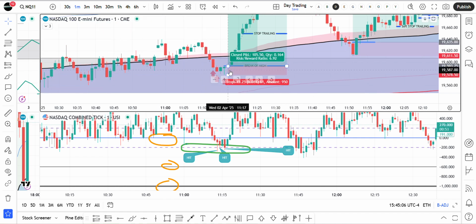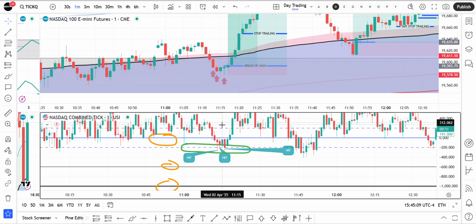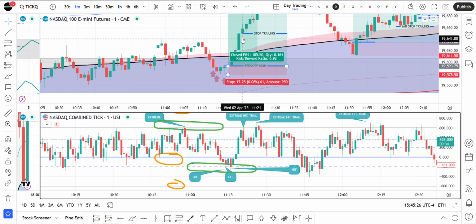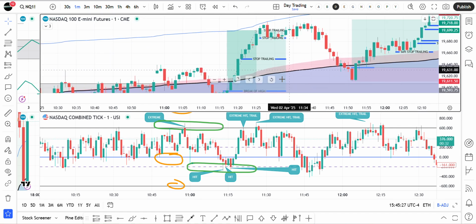So on the break of the high, you enter long and you're holding this trade until the extreme gets hit again. When the extreme gets hit, you trail your stop to the bottom of that candle. So at 11:21, you trail your stop to the bottom of the candle. Boom, still trending.